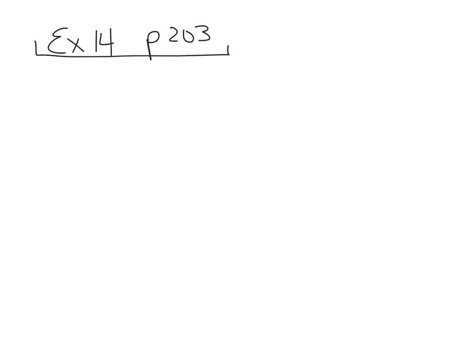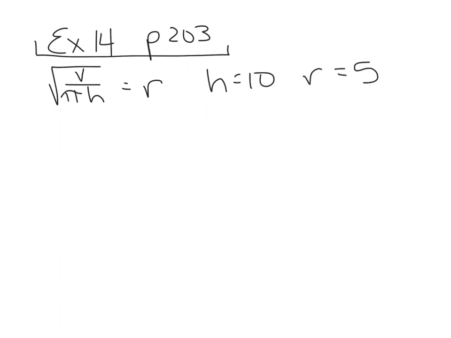The formula for the radius of a cylinder is given by the square root of V over pi h equals R. The height of a certain cylinder is 10 centimeters and the radius is 5 centimeters. Use the given formula to find the volume. So I need to be solving for volume, and it says use 3.1416 for pi.